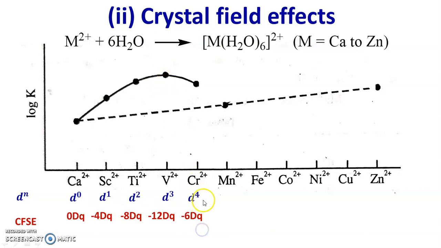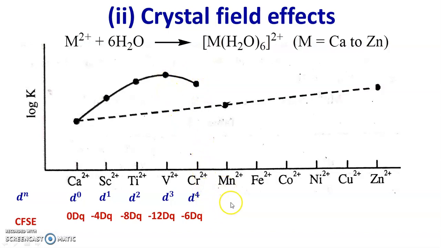For chromium 2+, the configuration is d4 and the crystal field stabilization energy is minus 6 Dq. Now it is decreased as compared to vanadium 2+, and its log K value is less than that of vanadium 2+. For the chromium 2+ aqua complex, the log K value is less as compared to vanadium 2+.